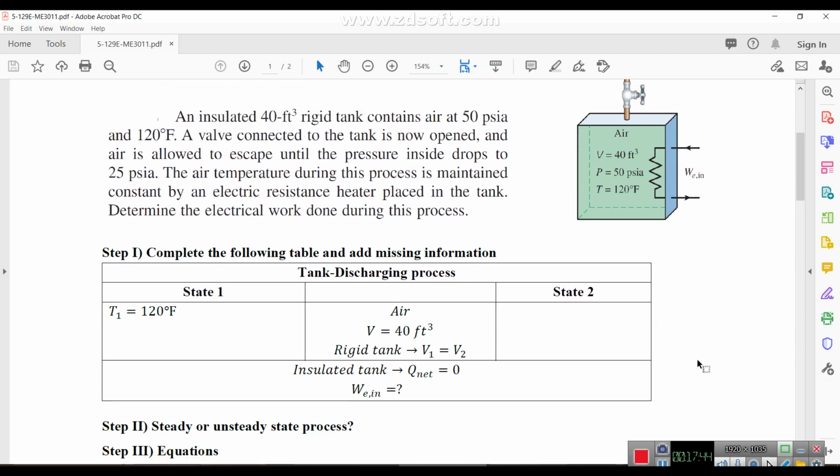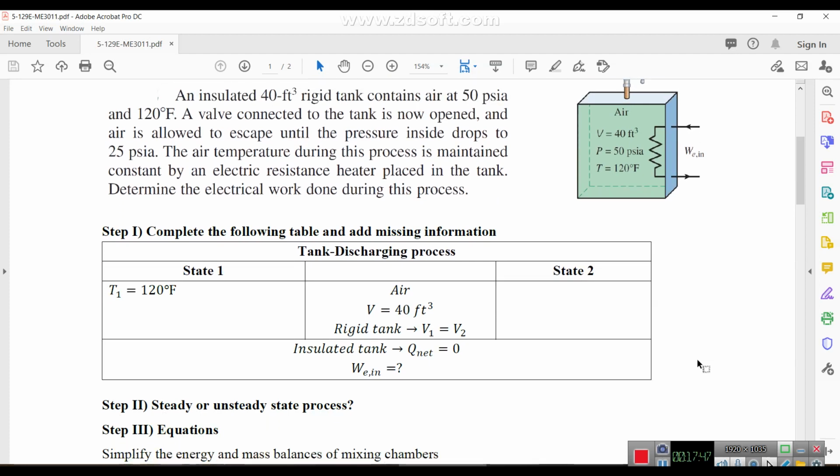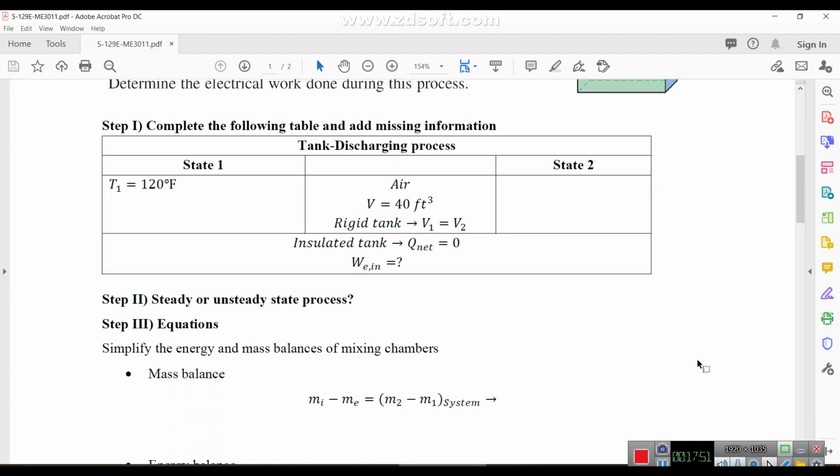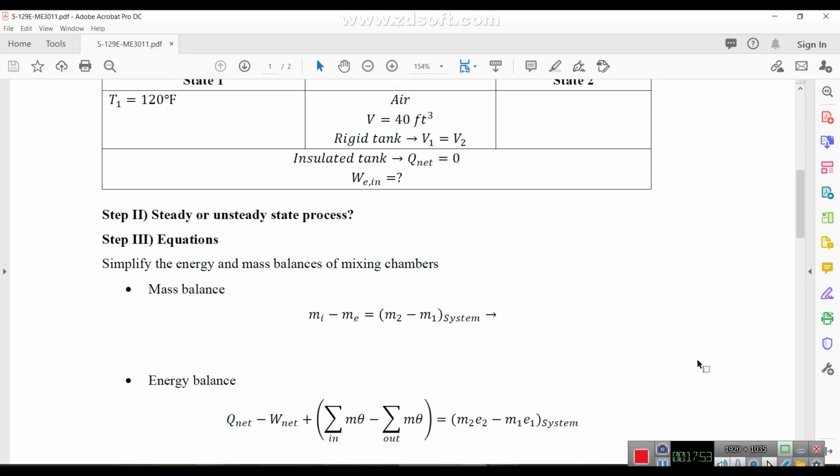So you need to set mass and energy balance equations for this process. I add mass and energy balance equations. Please spend 5 minutes and then simplify mass and energy balance equations for this process.